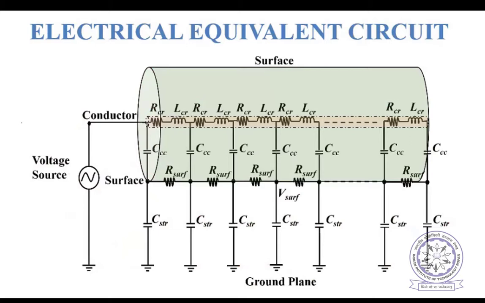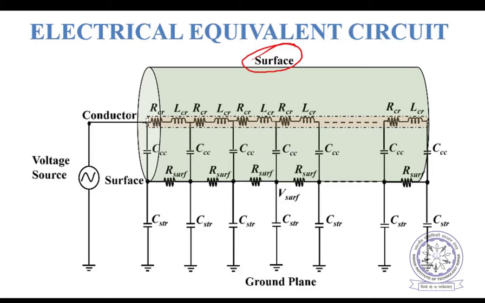So this is the complete electrical equivalent circuit of the covered conductor. Here you can see the surface of the covered conductor, and we have modeled it using distributed capacitances, inductances and resistances.